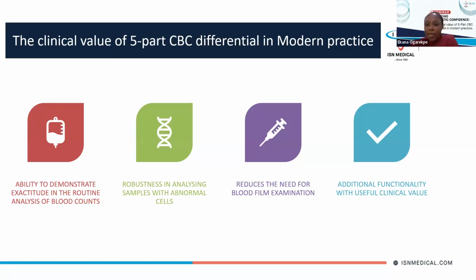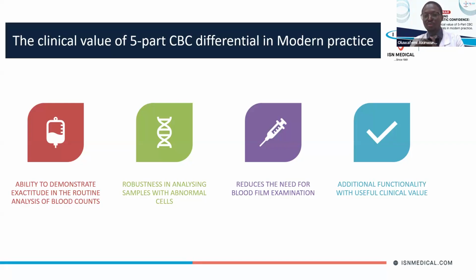Okay, so this goes on to ask how does the 5-part able to suggest conditions in some analyzers? I'm sure you've been able to answer that. So all those flags are basically algorithms that have been inbuilt into the 5-part analyzer based on the analysis of the features of the cells that are passing through.